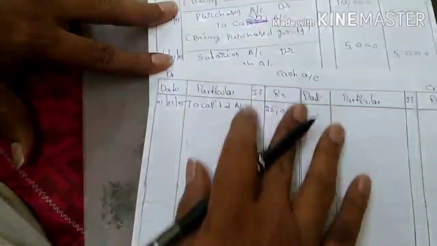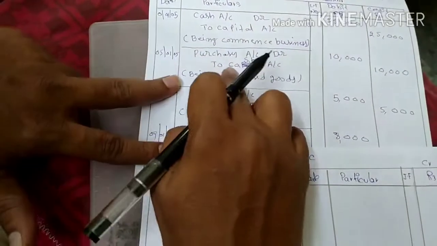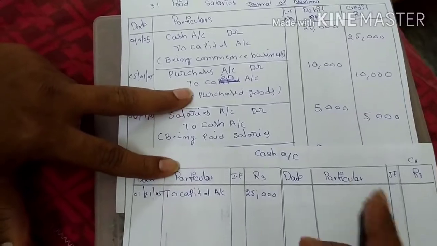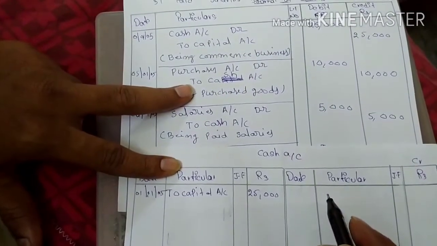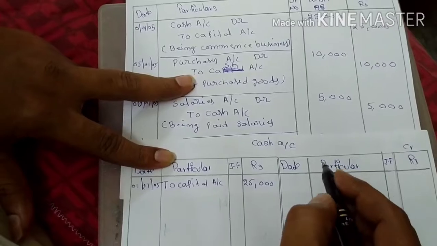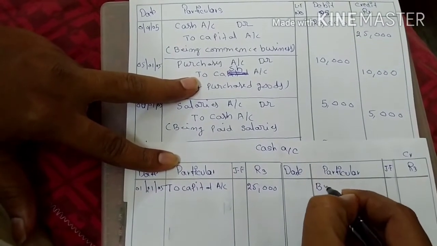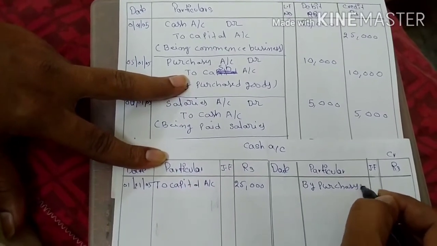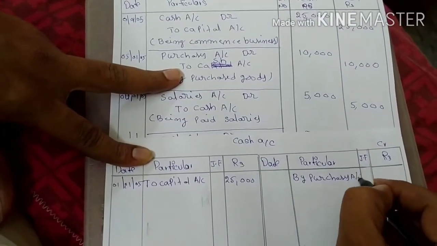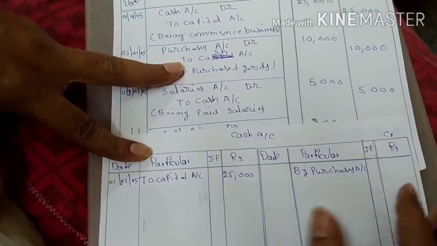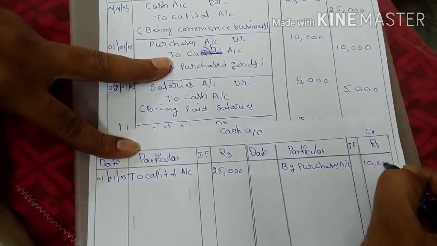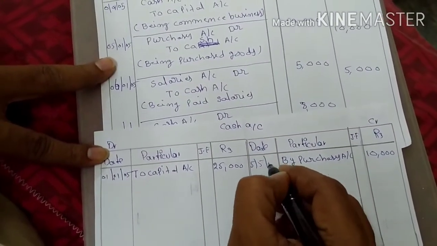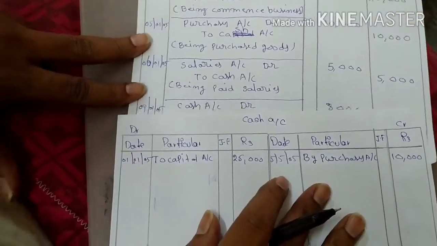The first one is over. For the second transaction, we check whether cash is there. Cash is there, on the credit side, so we write by purchases account, amount 10,000 rupees, date 5/1/2005.